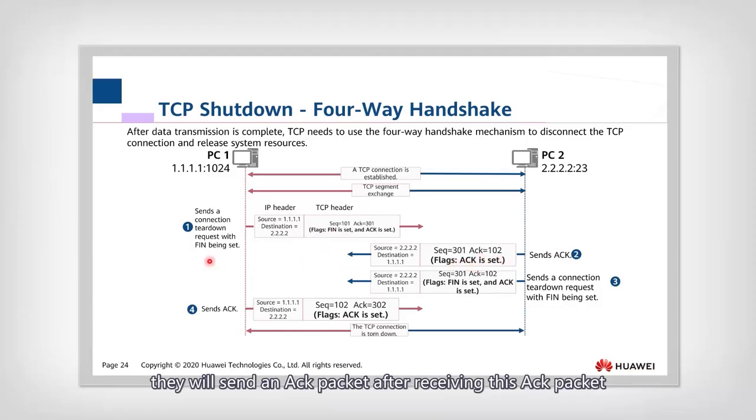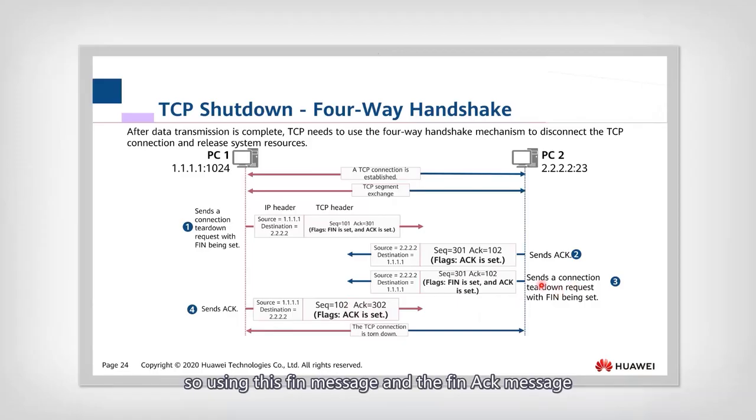After receiving this ACK packet, PC1 will not transmit any data later on. To close the data transmission from 2 to 1, PC2 needs to send a FIN message, and then PC1 sends back the feedback, the FIN ACK message.